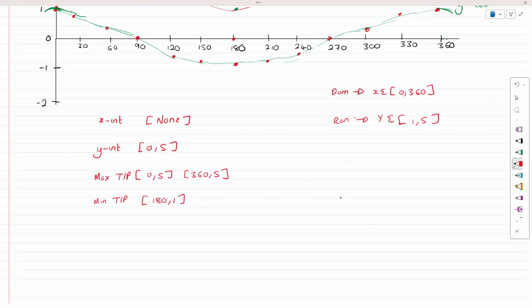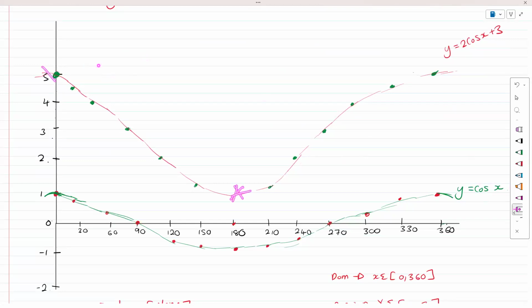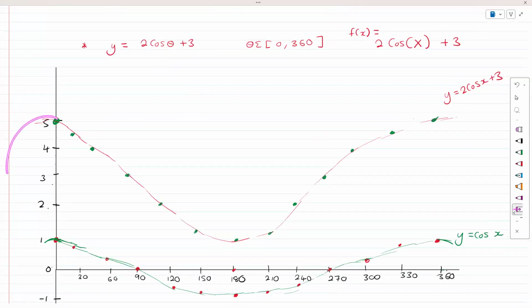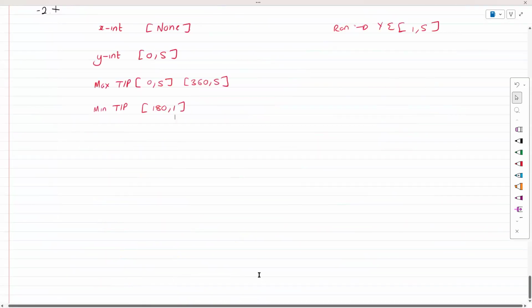I mean 180 and 1, sorry guys. 180 and 1, which is there, there, and there. This is maximum and minimums. Remember this graph wants to turn to the next part, but we cut it off. So this counts as the maximum. That counts as the maximum. This is the minimum. Okay?